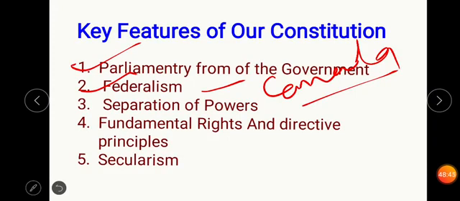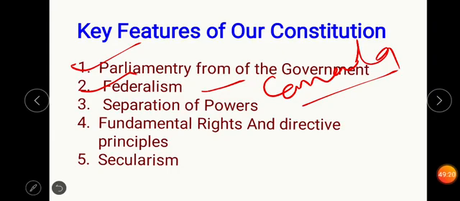What is the union list? The union list consists of subjects on which only the union government can make laws, such as finance and foreign relations. The second list is called the state list, which contains subjects on which laws can be made only by the state government, such as housing and transport.